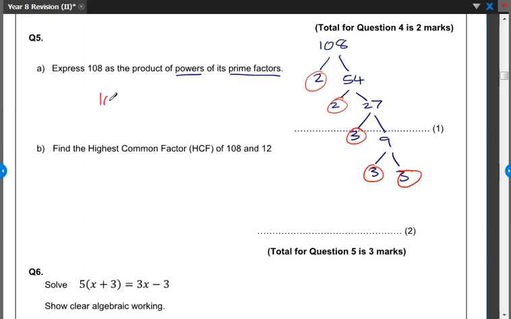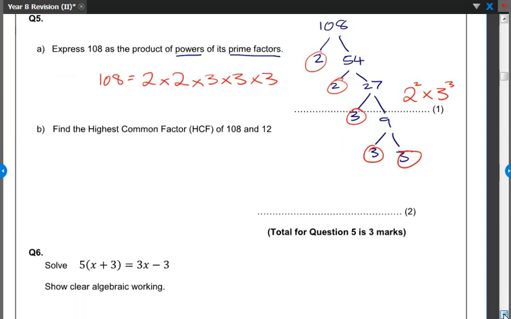So we have 108 equals 2 times 2 times 3 times 3 times 3. And that equals 2 squared times 3 cubed. So the answer is 2 squared times 3 cubed. So they're the prime factors in power form.